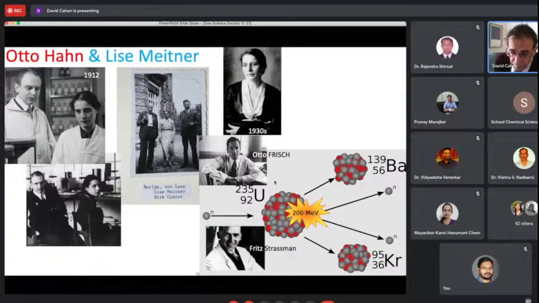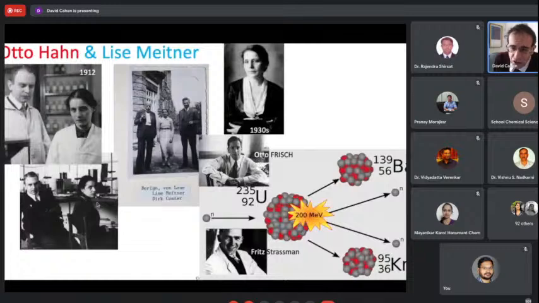The news about that reached Lise Meitner, who had been smuggled out of Germany by Dirk Coster and had reached Sweden, where she was initially hiding, and then she went to Denmark to meet her nephew Otto Frisch. And the two of them figured out the concept of nuclear fission. And we know the rest.